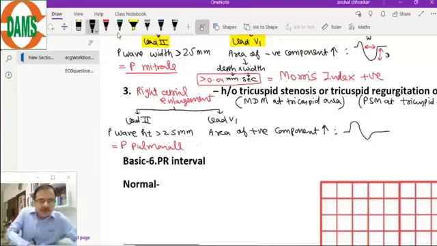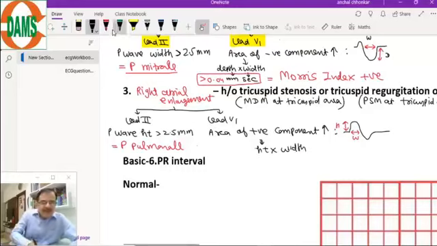P wave. So the area of the positive component will be determined by the height and width, HW, because it is determined by right atrial area. So the area will increase, and the area will be calculated as the height multiplied by width.